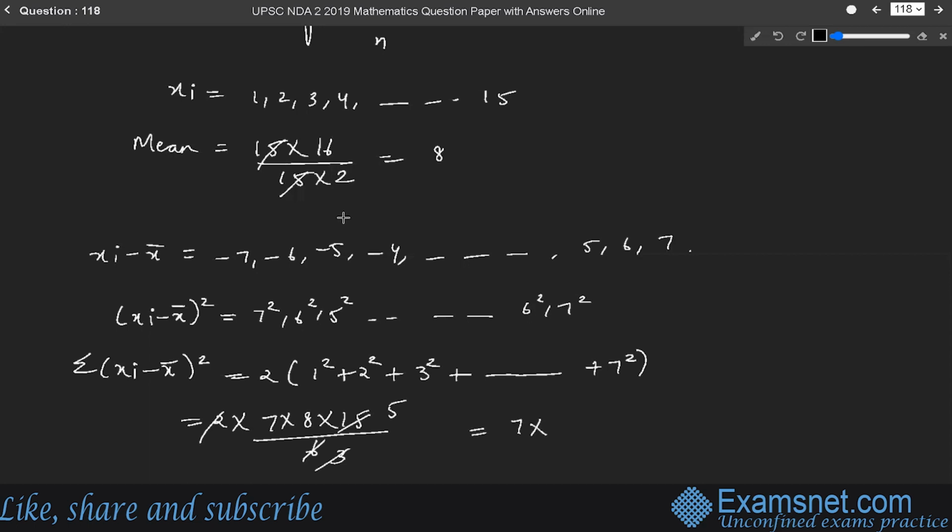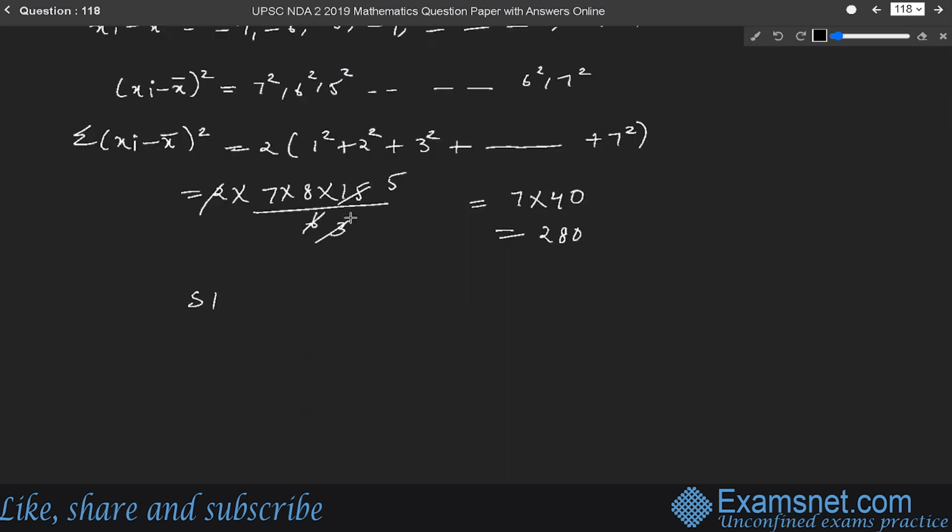So this will be 7 into 8 into 5, 7 into 40. So it will be 280. Therefore, standard deviation will be equal to under root of 280 divided by 15. So it will be equal to 56 upon 3. So we say that sigma will be equal to under root of 56 upon 3.